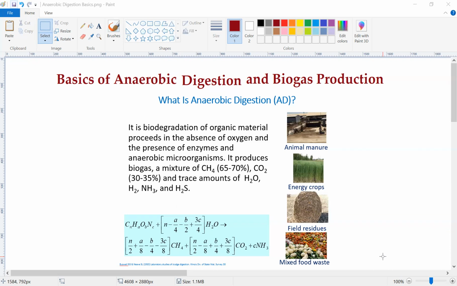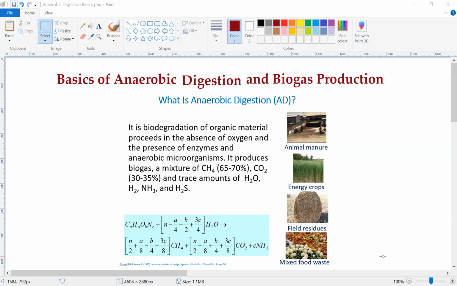The product from this process includes biogas, maybe some other intermediates, but we'll focus only on the biogas for today as the main product, if we would like to use the biogas as a source for bioenergy, basically.